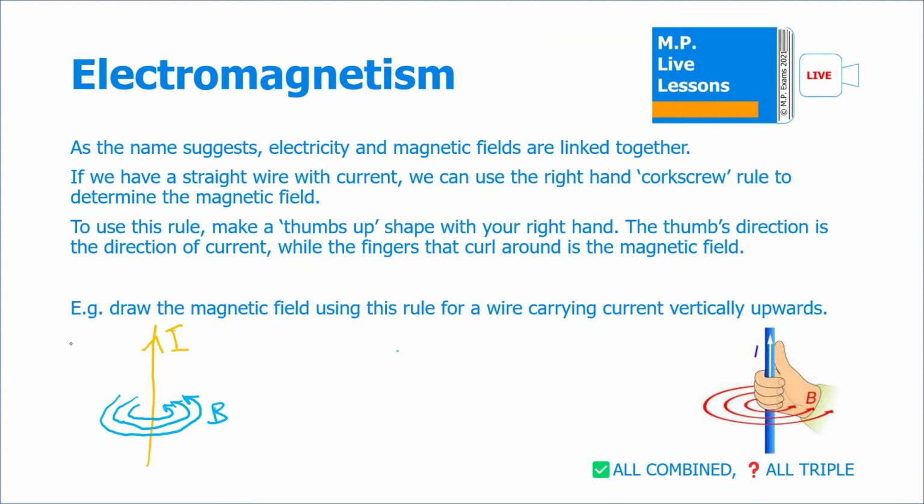Now let's say, what if the wire is horizontal coming towards you? Again, we'll use the right hand rule, and we'll see that the magnetic field wraps around, from our perspective, like this.